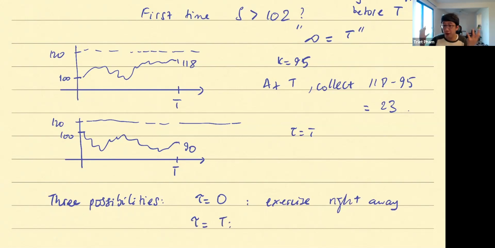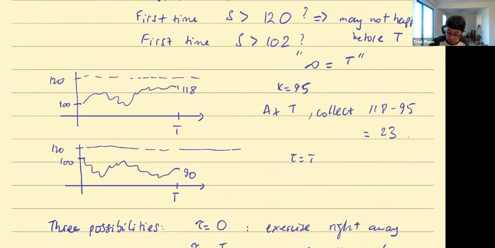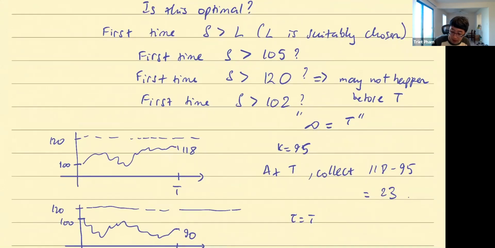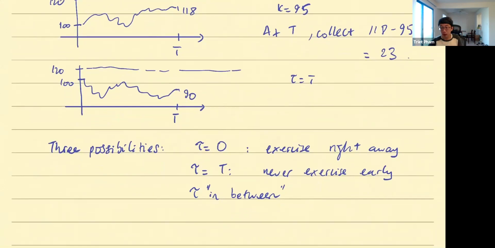That means you never exercise early. And some compromise, tau in between. And in between in quotes, because it really depends on how you set this level, for example.